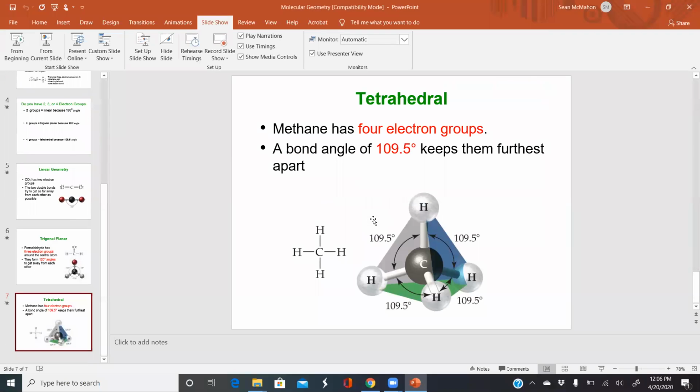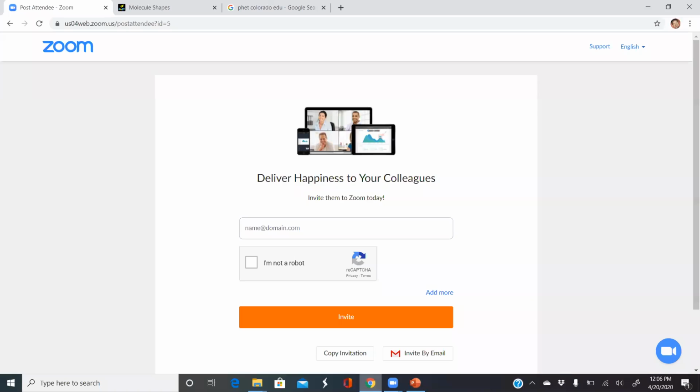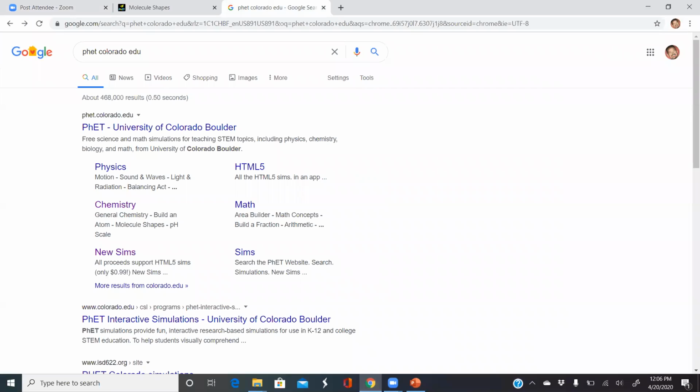Now, even though I'm done with this particular PowerPoint, I want to show you something really useful where you can build on this. If you guys go online to Google and you type in PhET Colorado EDU and do a Google search, you'll get this.